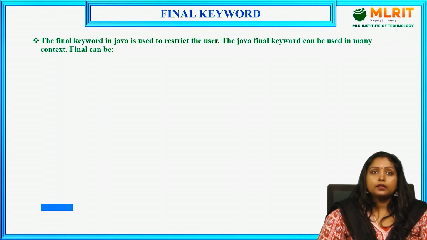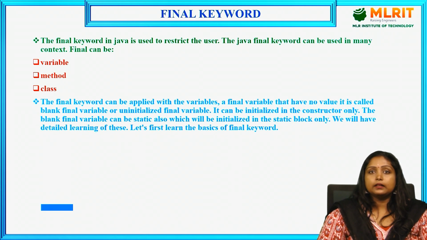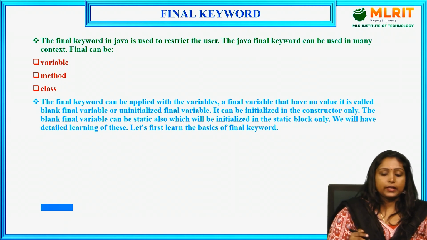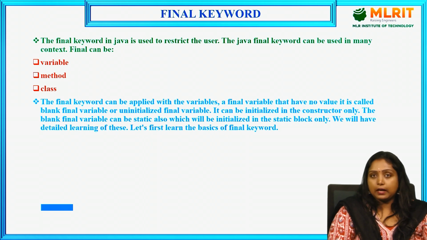So here the final keyword in Java is used to restrict the user. You can use the final keyword with a variable, a method or a class. If you do not want to change the value of a variable, you can use the final keyword.